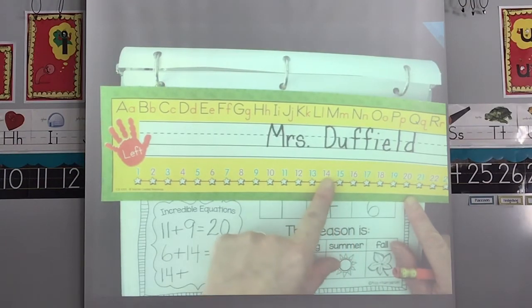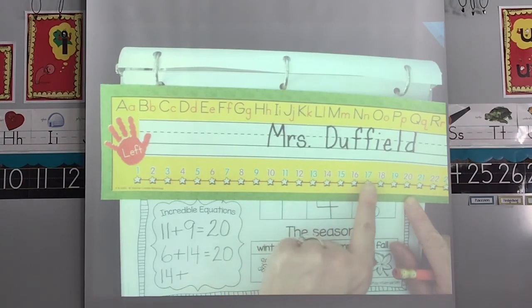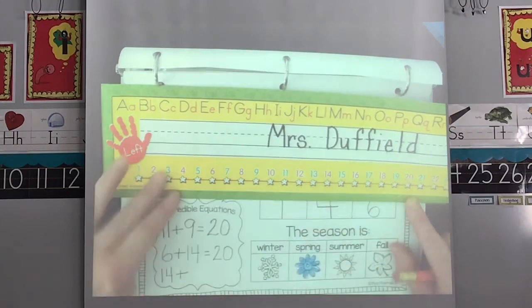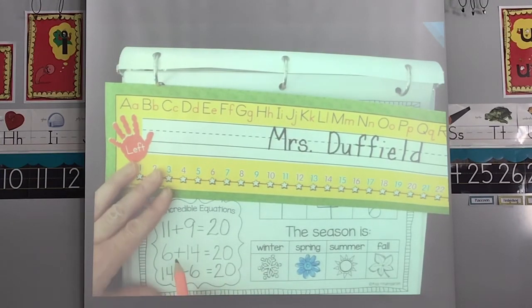Because this one doesn't count because I'm covering it. So 1, 2, 3, 4, 5, 6. 6 equals 20.